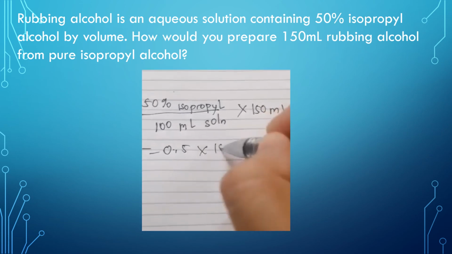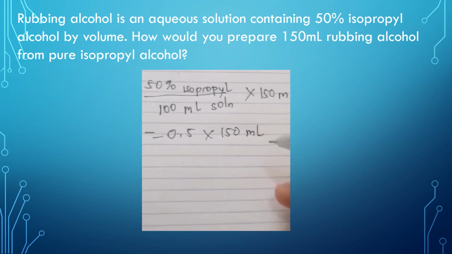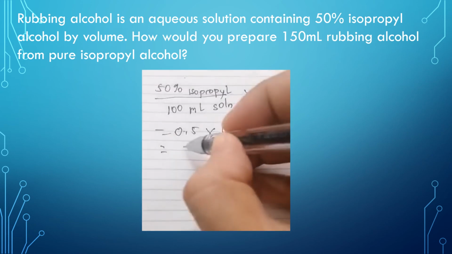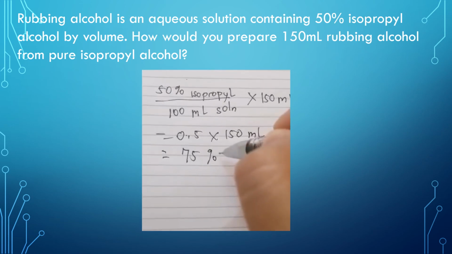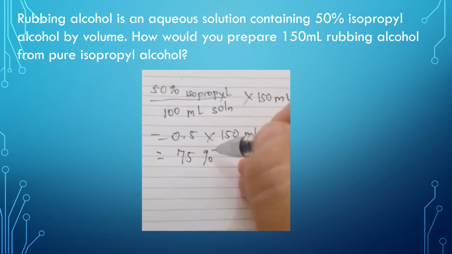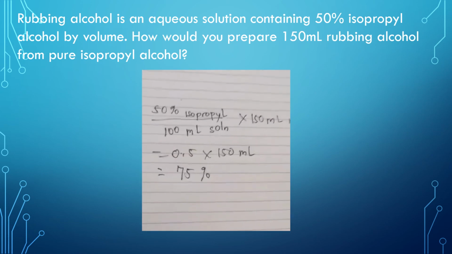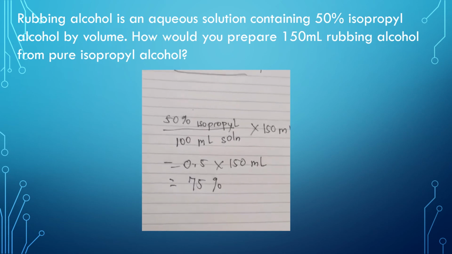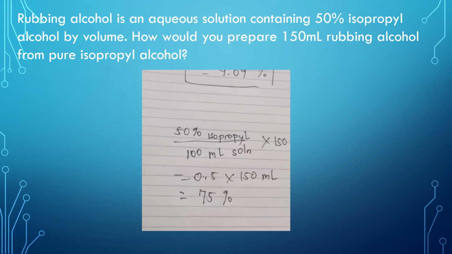And then, times 150 or 150 ml. And then, our answer is, we have 75%. Okay? So, again, we have 75% rubbing alcohol in every 150 ml solution.